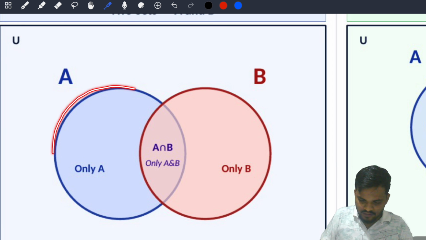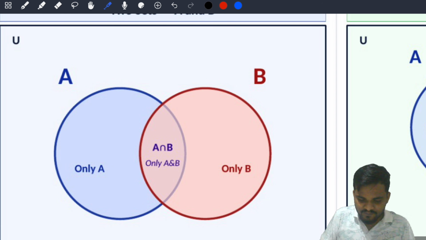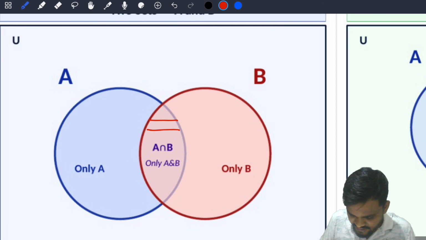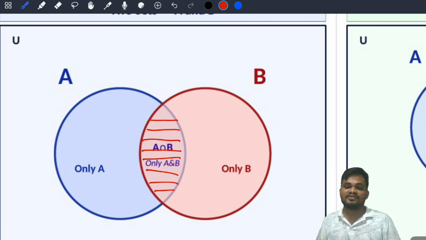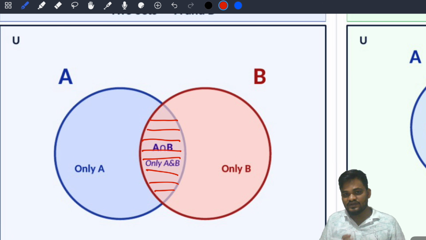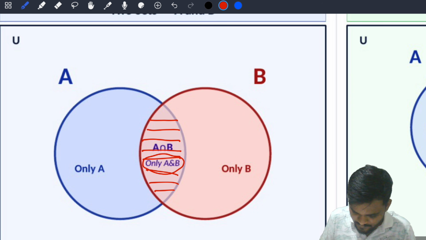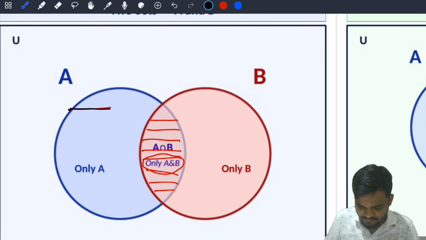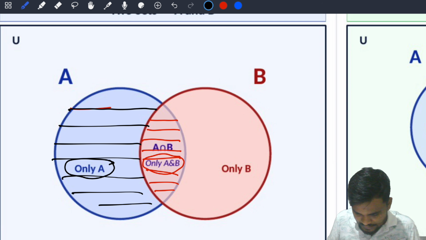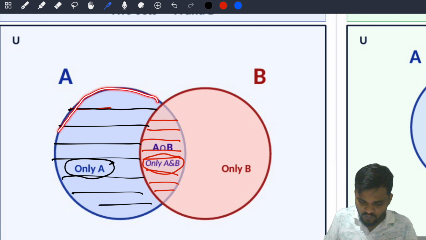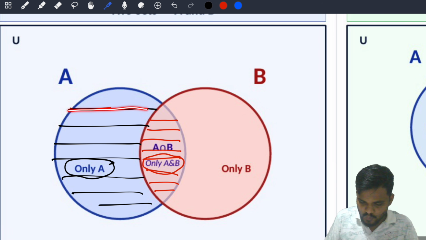Suppose we have 2 sets, one set is A, another set is B. Whatever I am representing inside the intersection of A and B represents A intersection B. That means the numbers which are present in both A and B. And whatever I am presenting here should be only A. This is whole A, this part is A and B, and this part is only A.